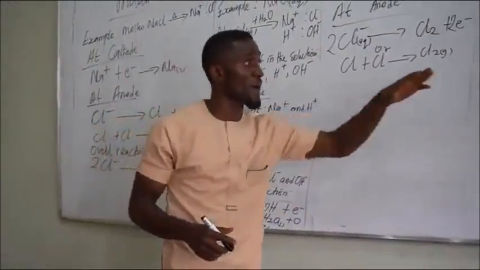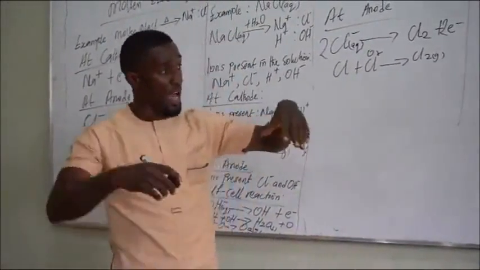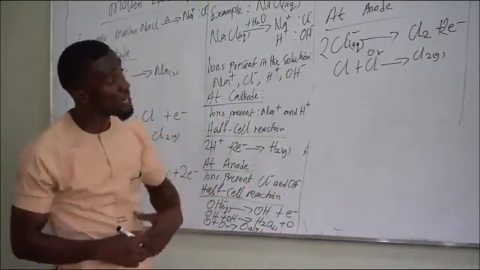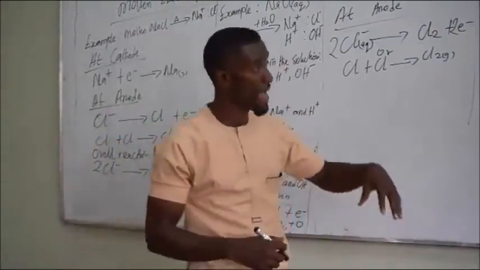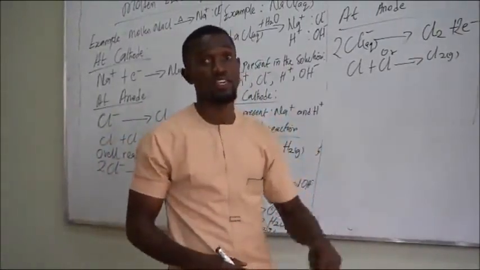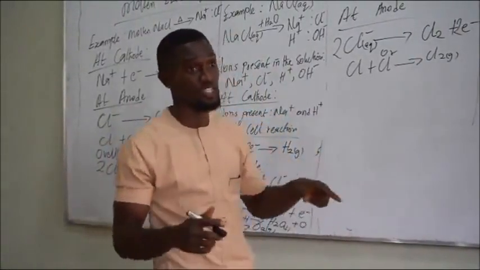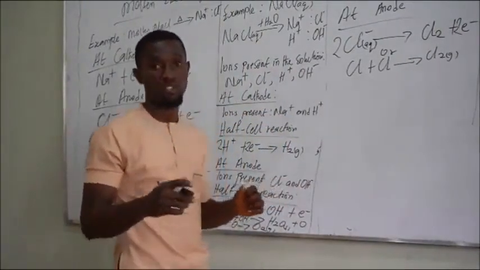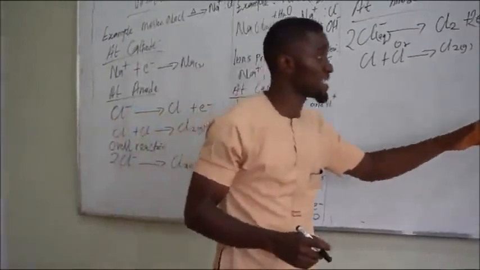Assuming you have a copper electrode, and the electrolyte you are using is copper sulfate. Now, because we have copper as a metal in the electrolyte, it will affect the product that is going to be formed at the anode.